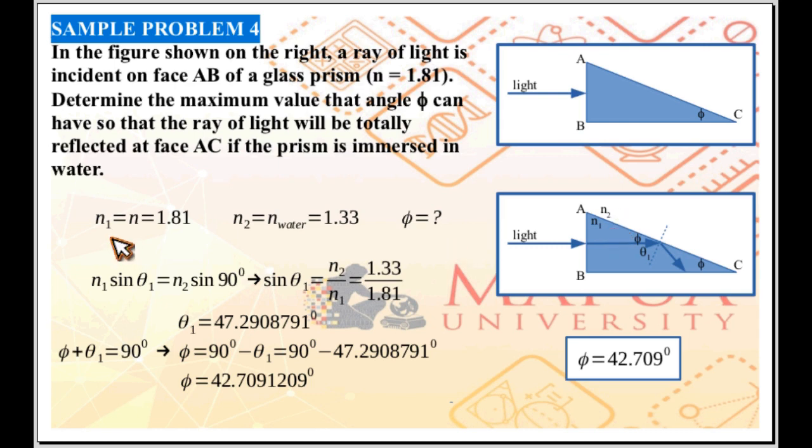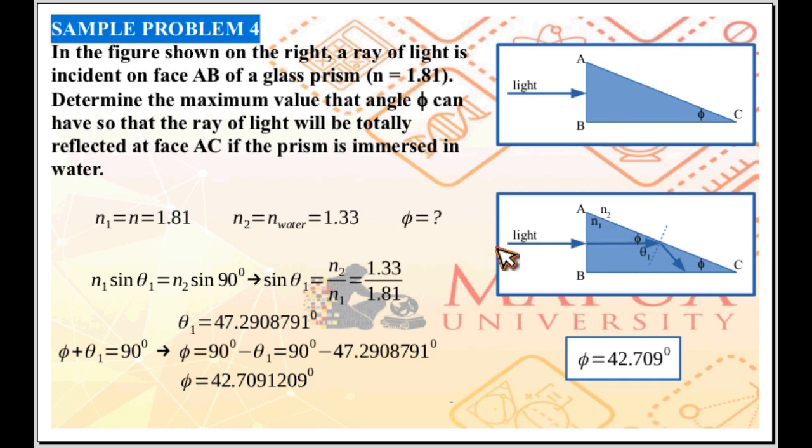N1, the glass making up the prism, and according to the problem, the index of refraction of glass is 1.81. N2 is the medium surrounding the prism, and that's water. We know the index of refraction of water to be 1.33. We are looking for angle phi.